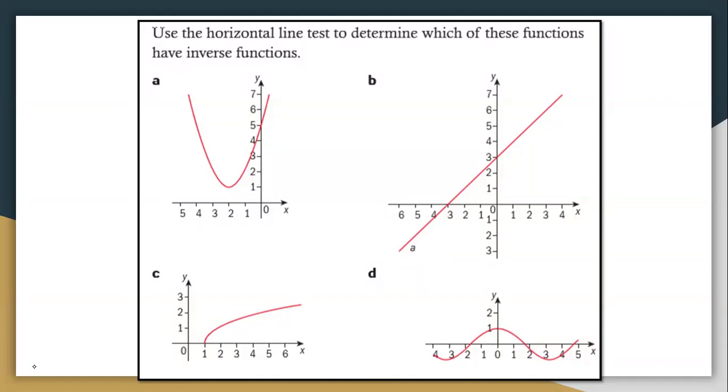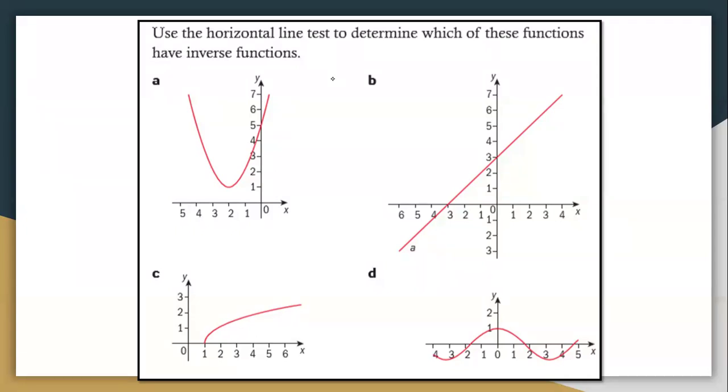If you are identifying that something has no inverse, we use the horizontal line testing. So the vertical tells you whether something is a function. Horizontal tells you whether you can invert something. That's the difference between those two lines.